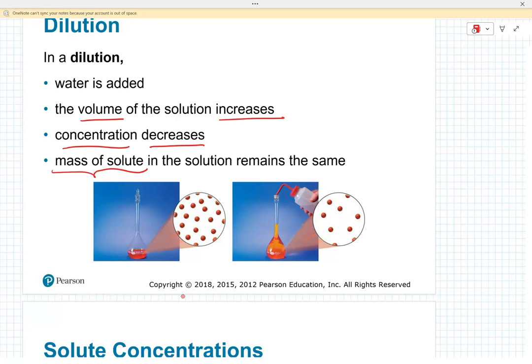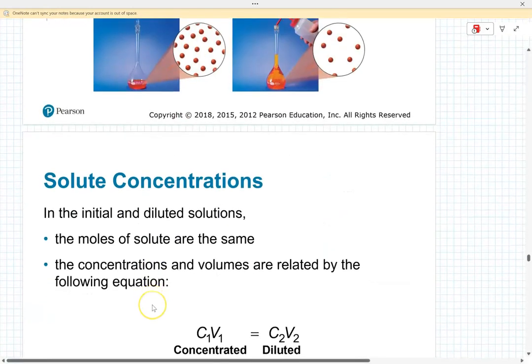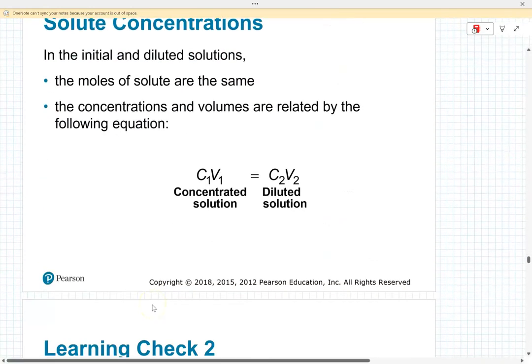So, again, if you take 100 milliliters of vodka and dilute it to 200 milliliters, it still contains 40 milliliters of ethanol. Okay? So this is a very convenient way to calculate concentrations or the volumes of a solution when you dilute it.